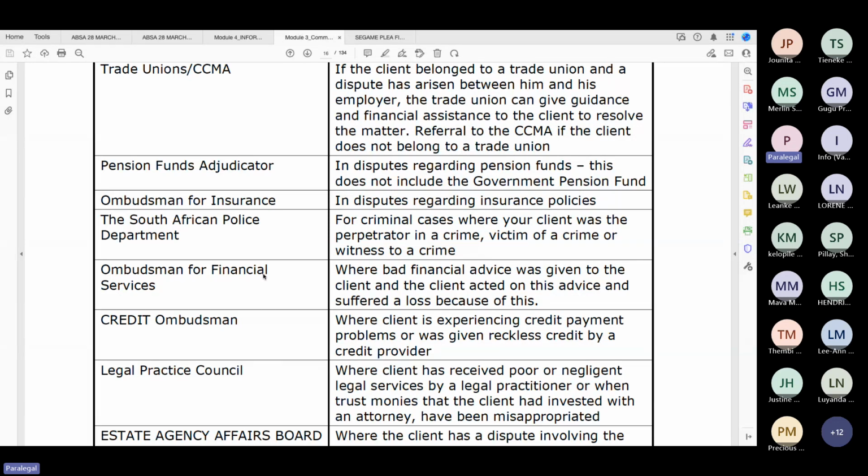If they are dealing with banking issues, they need to go to the banking ombudsman. If the situation is not as litigious as it should be, it's not your corporate or complicated banking issue, it's just a complaint that they want to raise with the bank, and that the person at the bank was not nice to me, they shouted at me, they can go to the ombudsman instead of taking it to court.